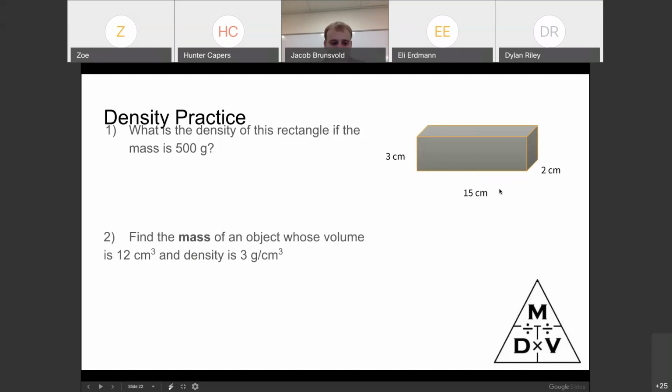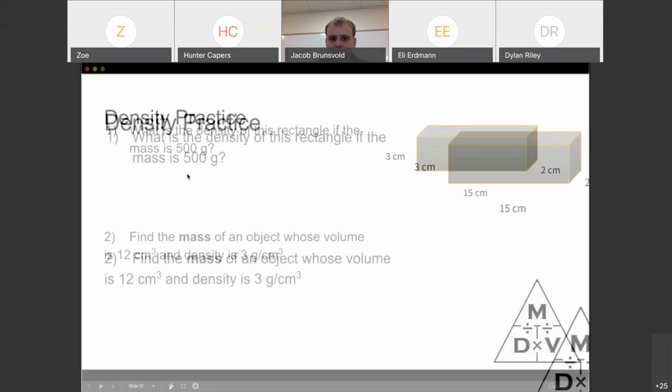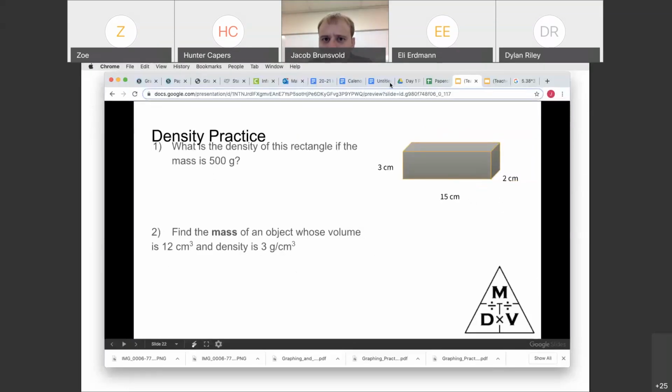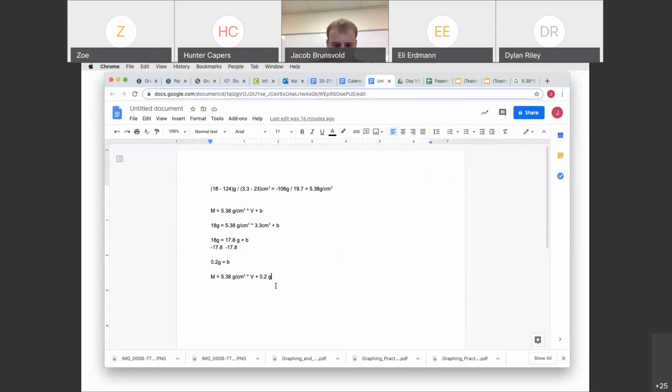So my density is going to equal 500 grams divided by 90 milliliters or centimeters cubed.